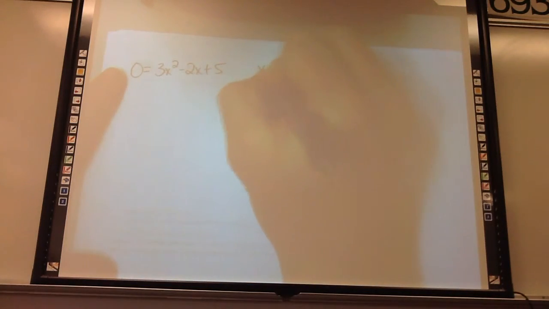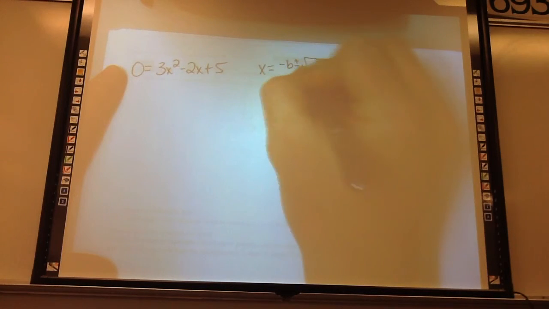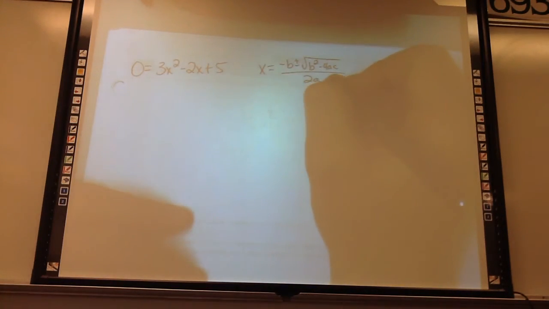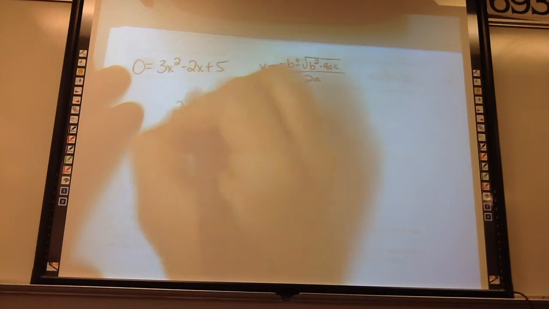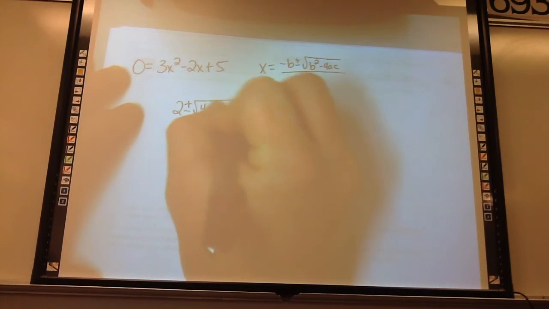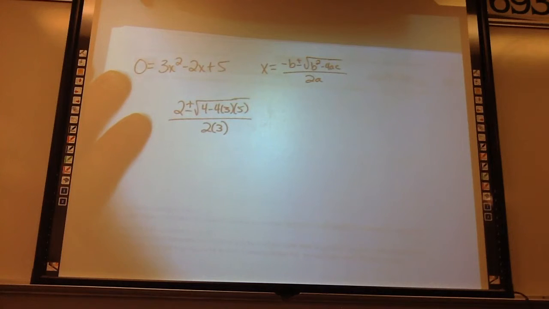Can you tell me what it is? Negative b plus or minus the square root of b squared minus 4ac, over 2a. Yes. So plug it in. Negative b is positive 2, plus or minus the square root of 4 minus 4 times 3 times 5, over 2 times 3.